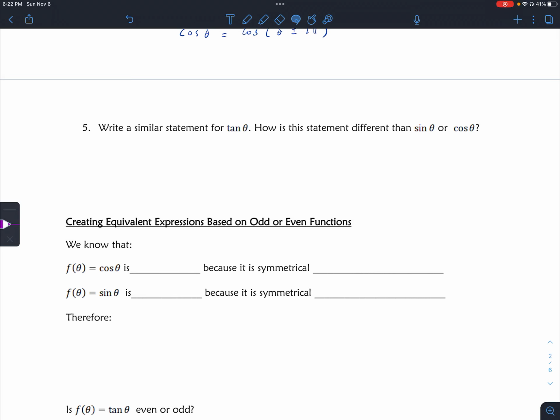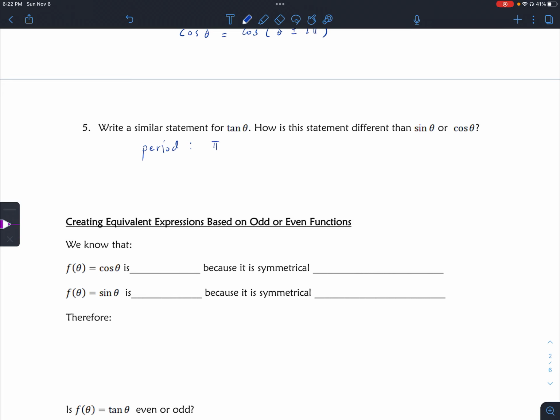If we convert that to radians, that would be pi radians. So the period of tangent is pi radians.